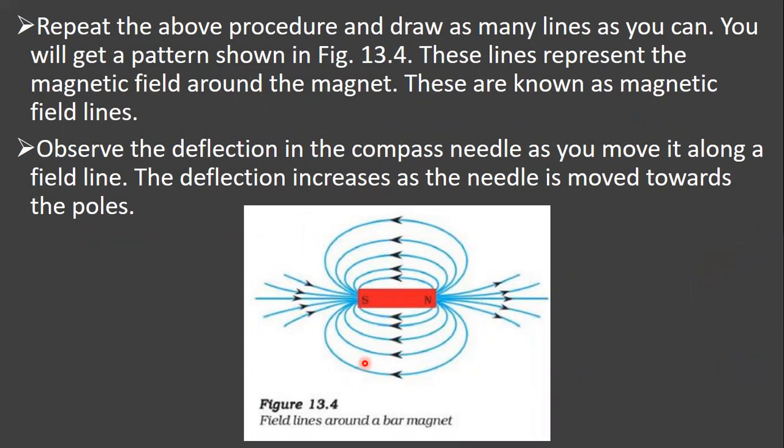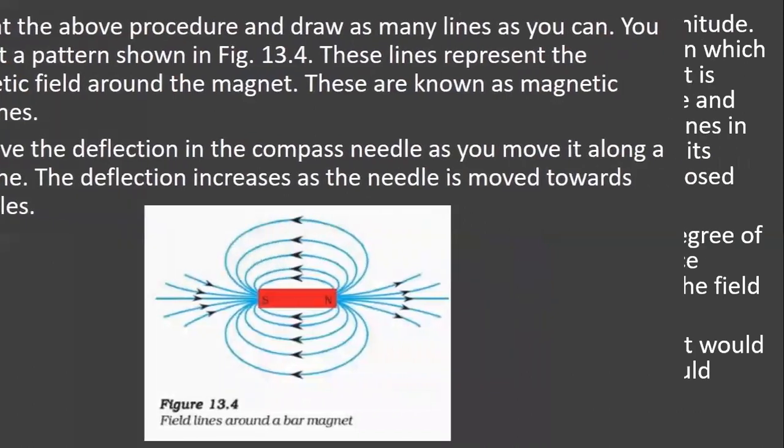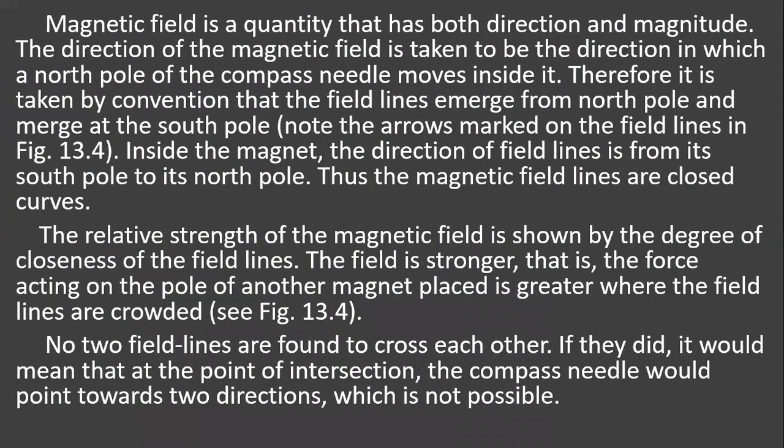The relative strength of the magnetic field is shown by the degree of closeness of the magnetic field lines. The field is stronger, that is, the force acting on the pole of another magnet placed there is greater, where the field lines are crowded.